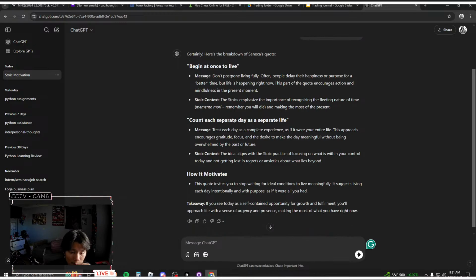Count each separate day as a separate life. Treat each day as a complete experience, as if it were your entire life. This approach encourages gratitude, focus, and the desire to make the day meaningful without being overwhelmed by the past or the future. The idea aligns with the Stoic practice of focusing on what is within your control today and not getting lost in regrets or anxieties about what lies beyond.